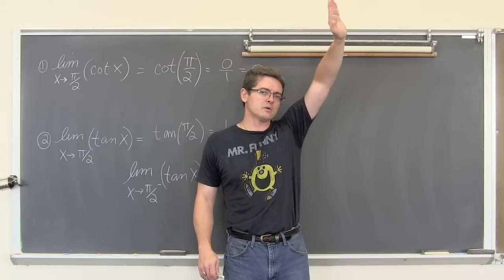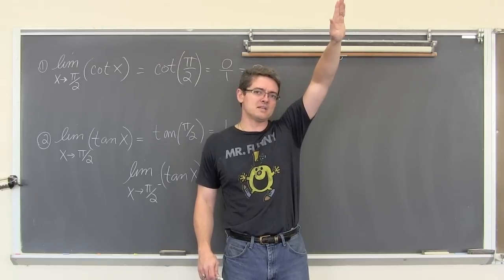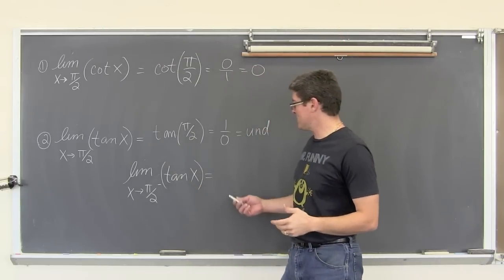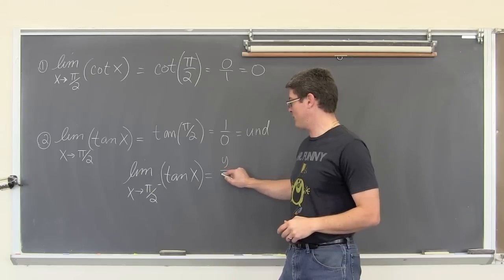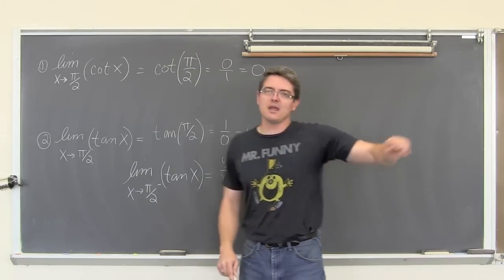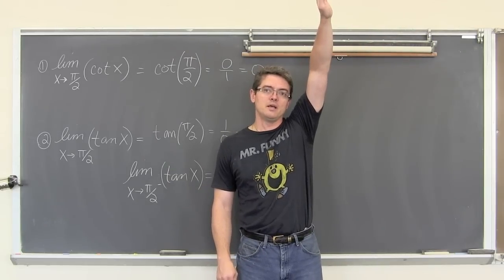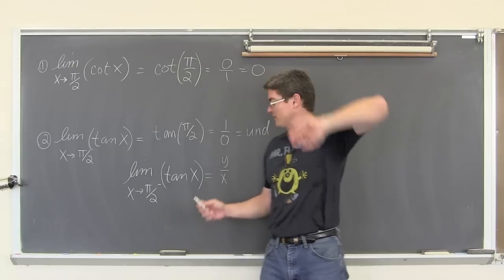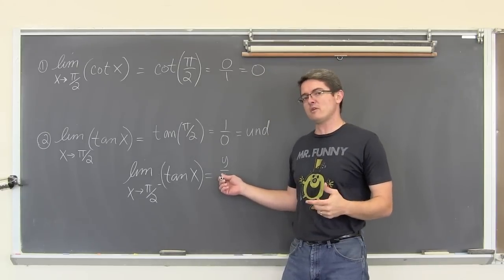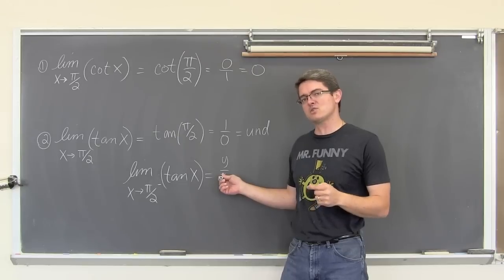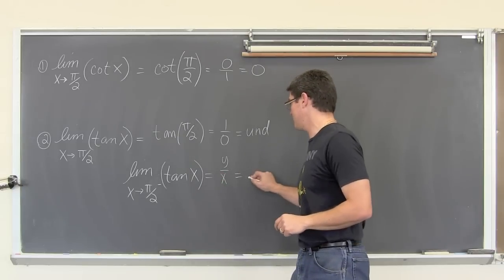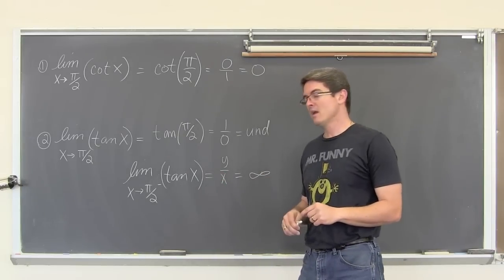Now, when we're in quadrant 1, tangent is positive. And tangent, again, is y over x. And we're in quadrant 1, the y value is approaching 1, the x value is becoming infinitely small, so a very, very small value in the denominator. So this is shooting towards positive infinity.